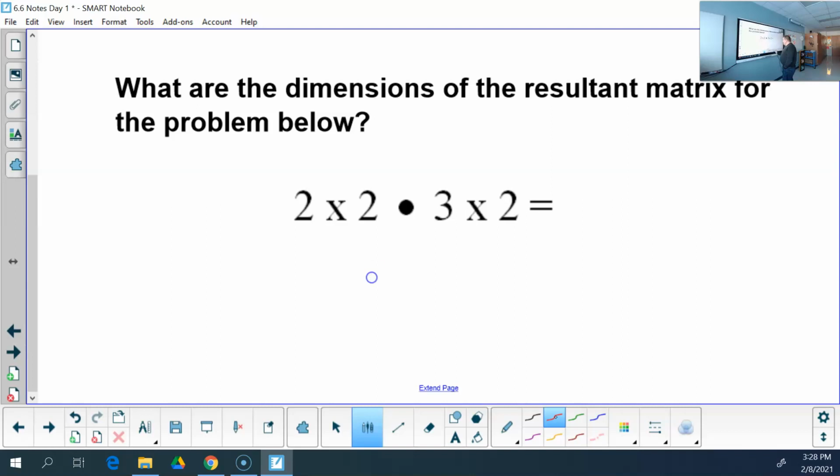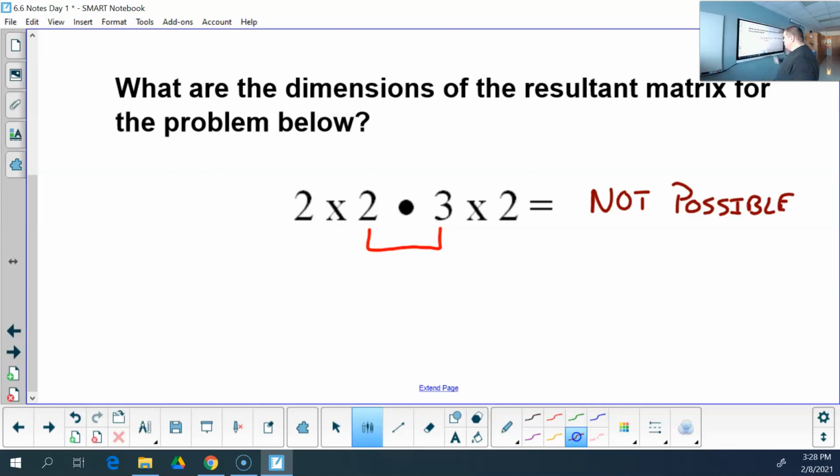For these two, again, I look at these middle two numbers. Those aren't the same, so this is not possible. We can't multiply those two together, so we can't do that problem.